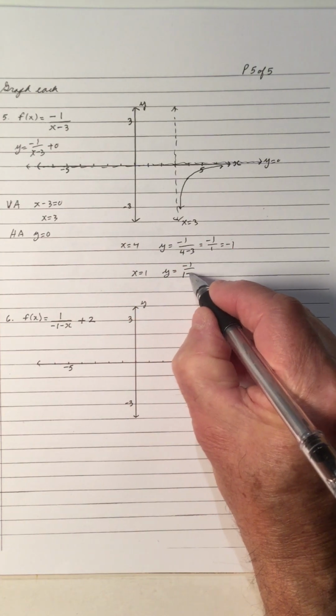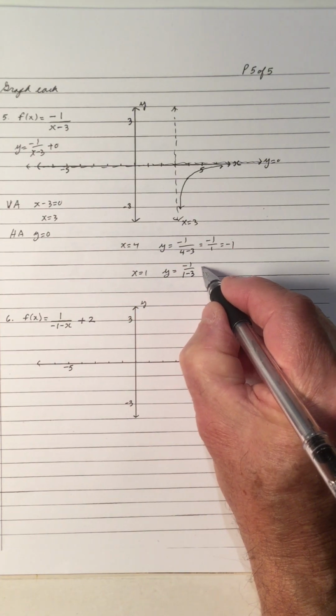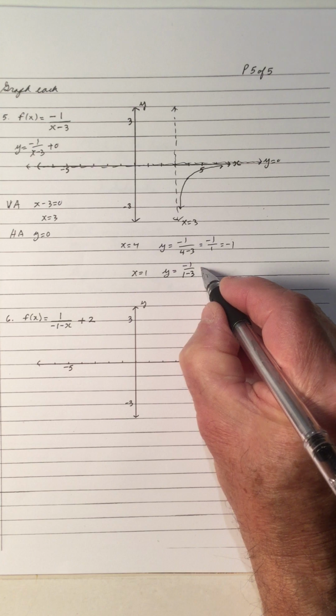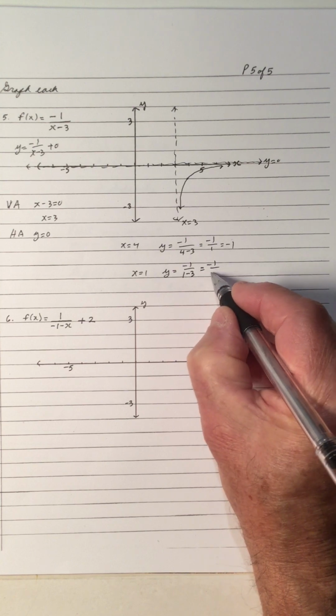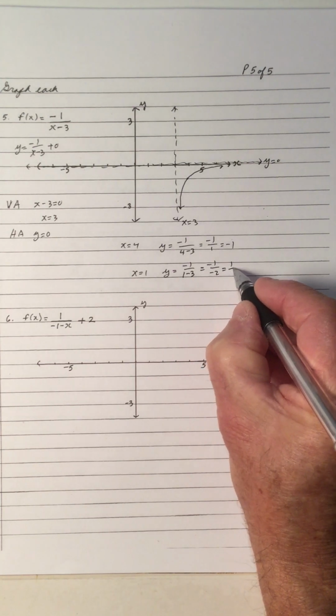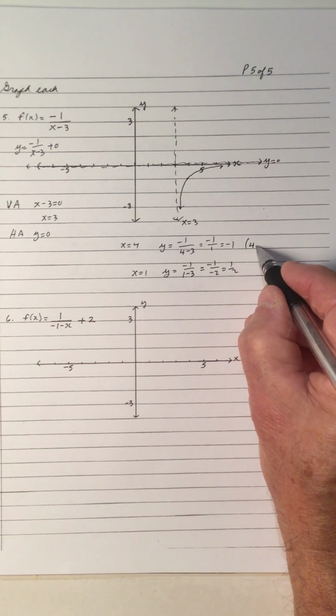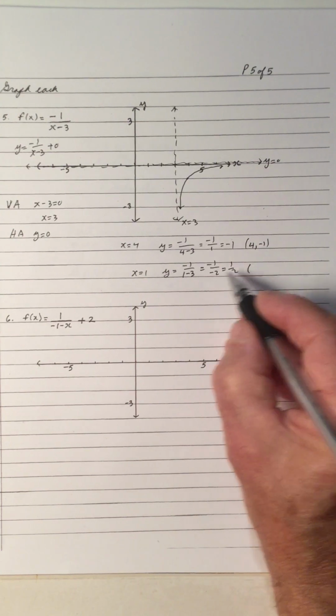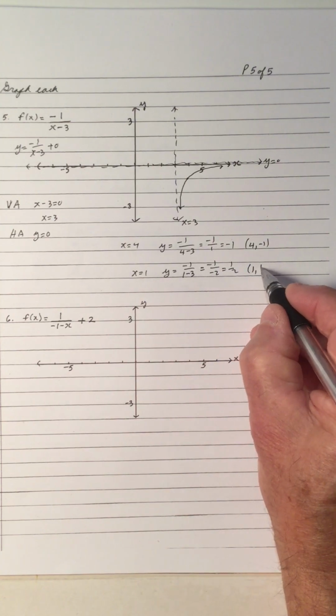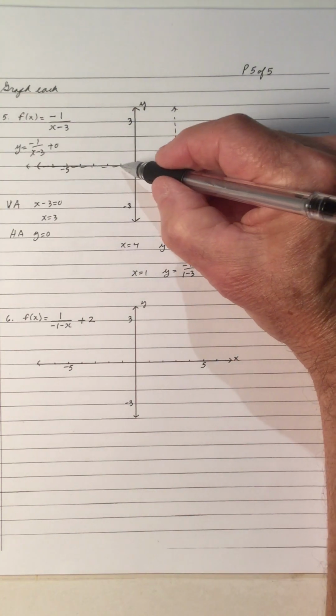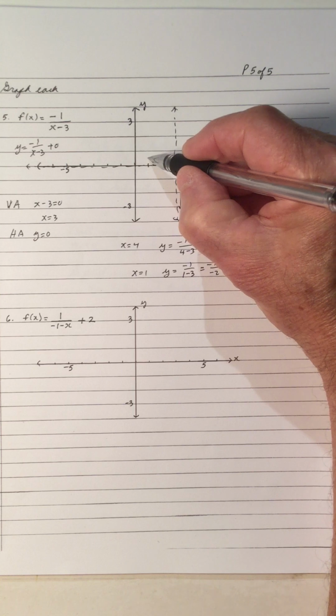So we get 1 minus 3. And that gives us negative 1 over negative 2, which is a half. So this point right here is 4, negative 1. This point here, x is 1, we get a half. So when x is 1 right here, we get a half.